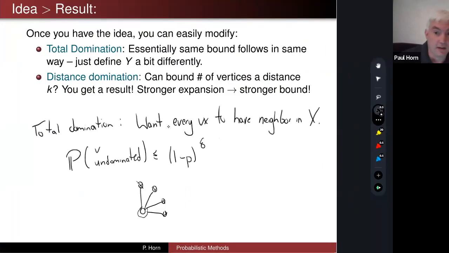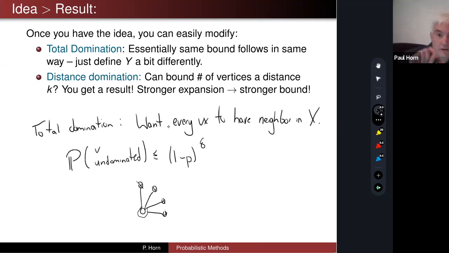Okay, so I get a slightly different result because I will pick a slightly different p, but the idea is exactly the same. If you're interested in finding sets that dominate every vertex up to some distance, again, you can turn this into a thing.